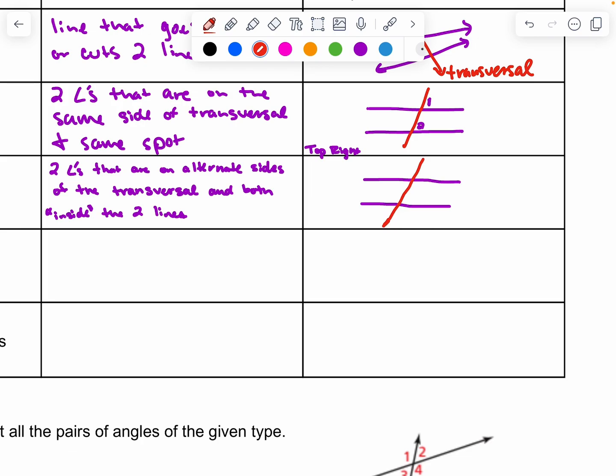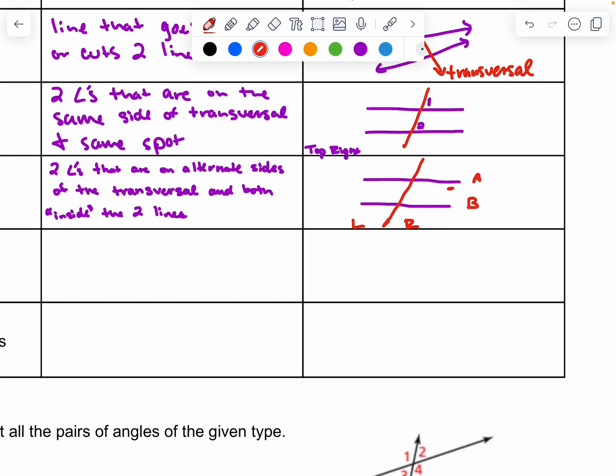So we're talking alternate sides. So I'm either on the left side or the right side, and I'm going to have both, okay? So if I'm looking at this, I need to be inside those 2 lines. So what I like to think of it as, this is my line A and line B, right?